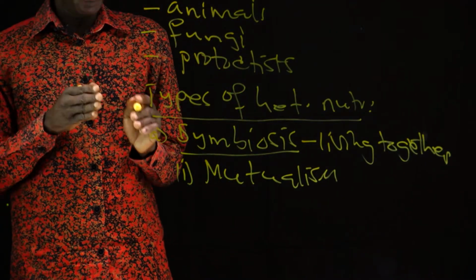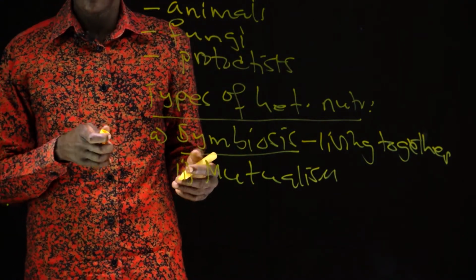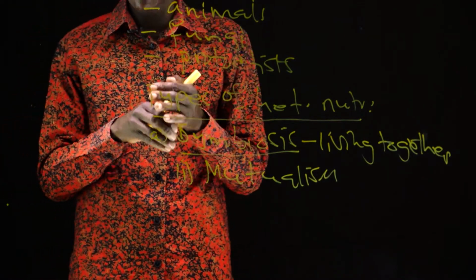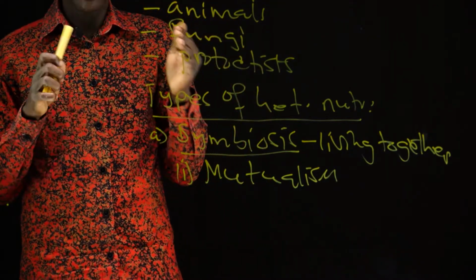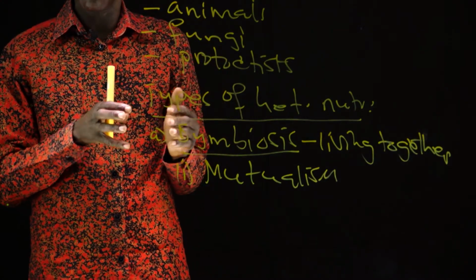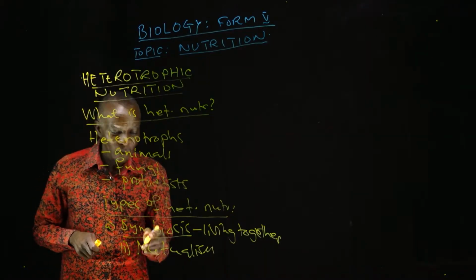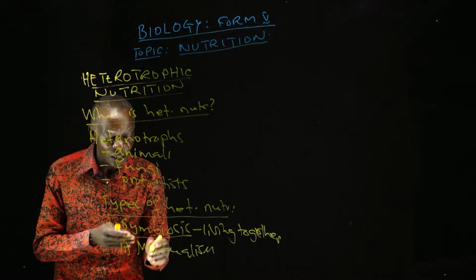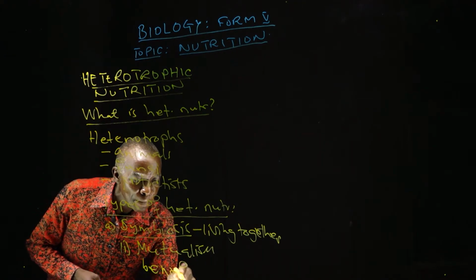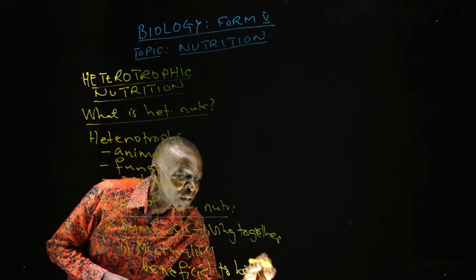Well, mutualism or mutual relationship, as far as nutrition is concerned, involves two organisms of different species that live together in which both members of the partnership benefit from the association. So it means this form of nutrition is beneficial to both parties.